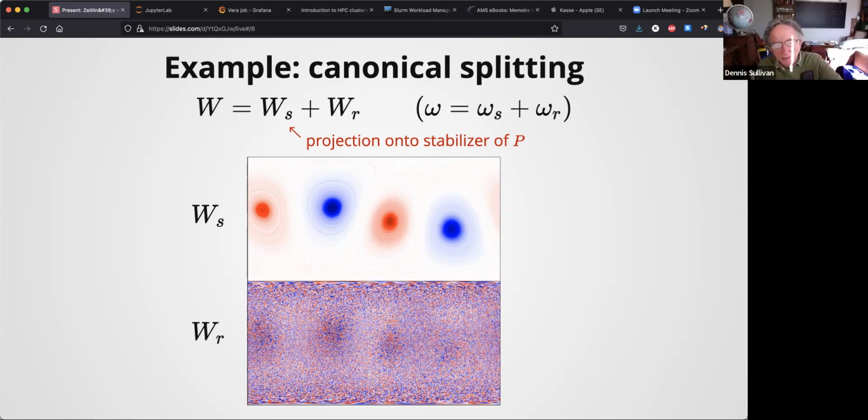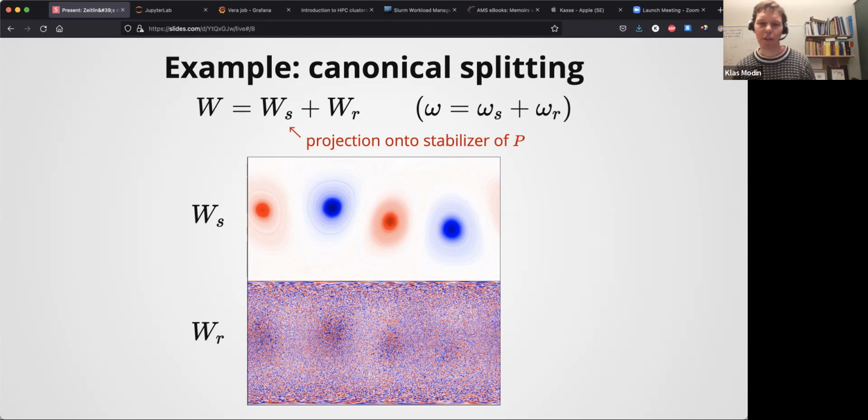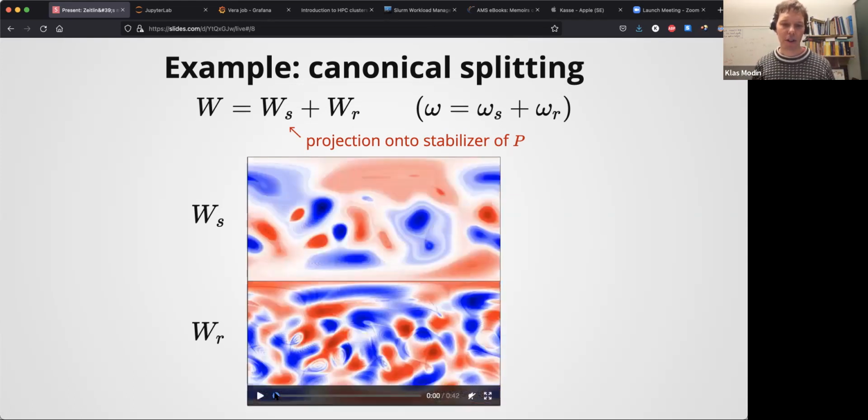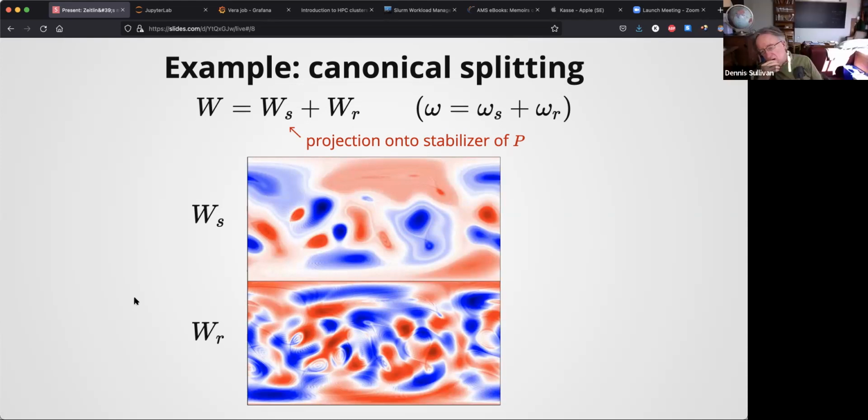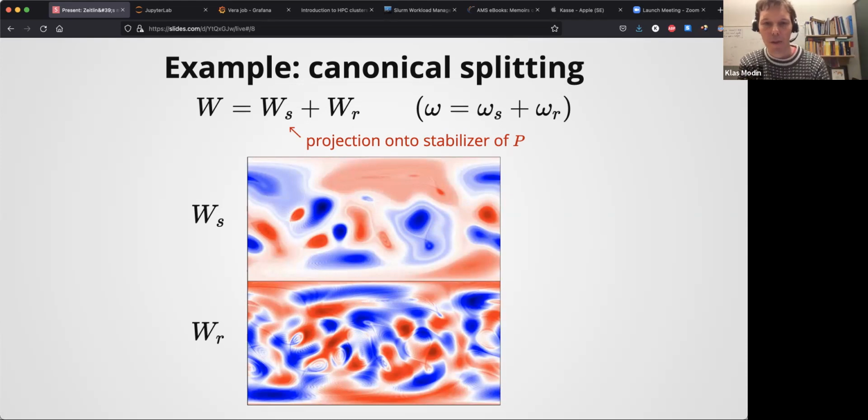Wait, that last statement, that W and WR are orthogonal: is it because WR is this random thing, so it's orthogonal to any W, it averages out? No, that's not it. Even from the start, they're orthogonal, even here. It's that WR develops into this random thing.